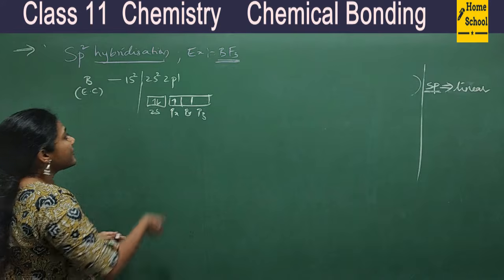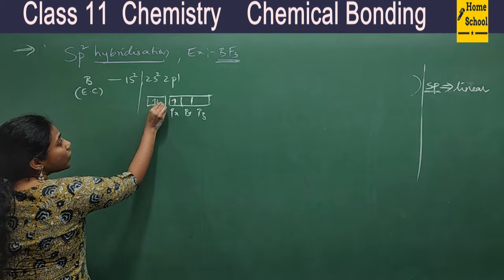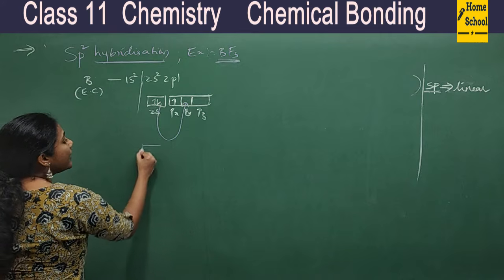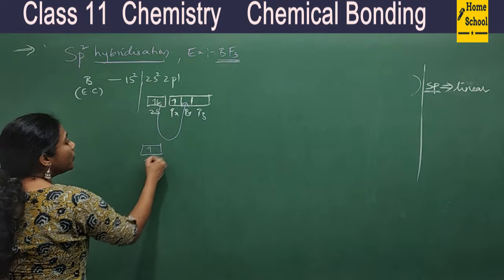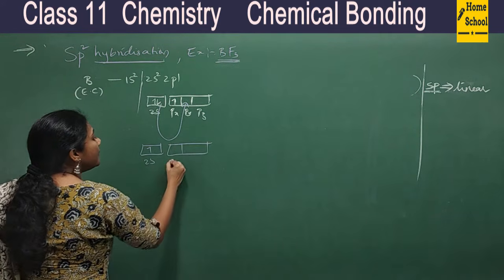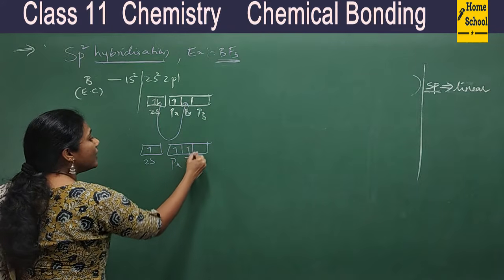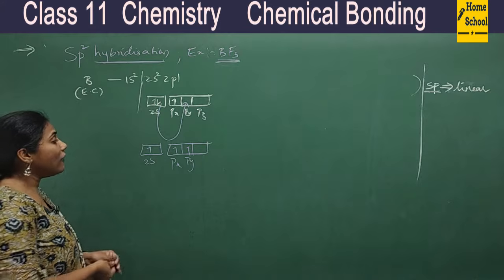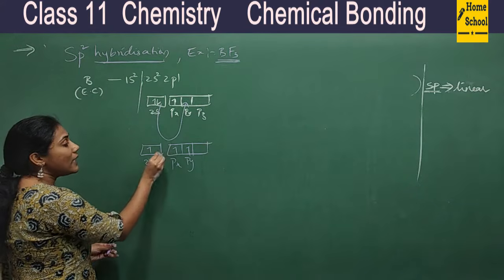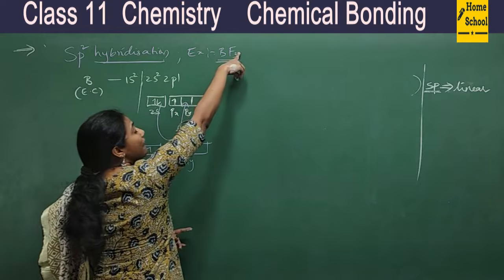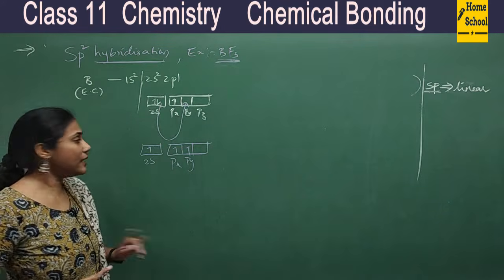So what happens here is one of the electrons from 2s is promoted to py, so that you will get 1 electron in 2s, 1 electron in the px orbital, and 1 electron in the py orbital, and this is empty. So now actually 3 orbitals are there with a single electron. This is the necessary condition to overlap with 3 F atoms, isn't it?